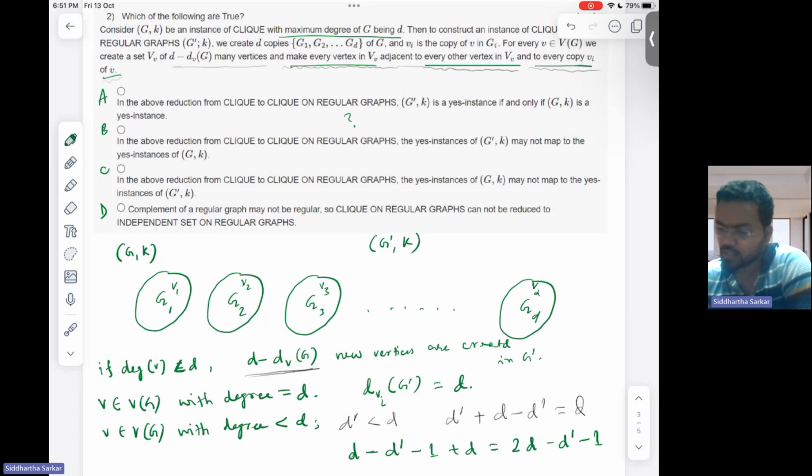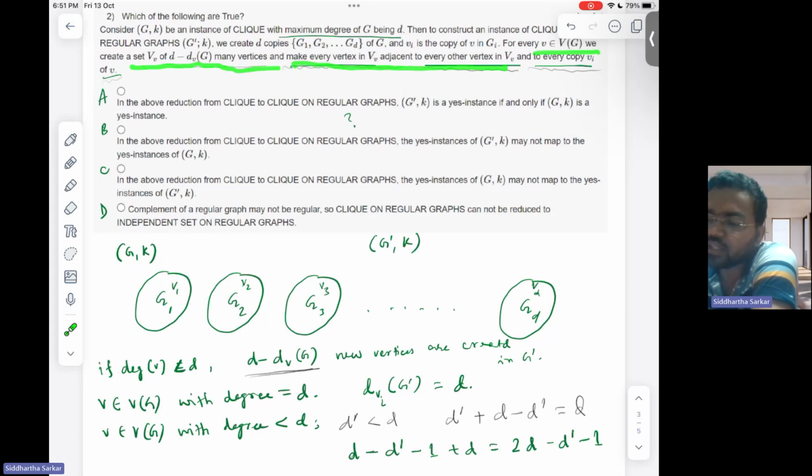But in this question, it is a different description. They're saying that for every vertex v in G, create a set V sub v of D minus dG v many vertices and make every vertex in V sub v adjacent to every other vertex in V sub v, which is problematic. And then also to every copy Vi.